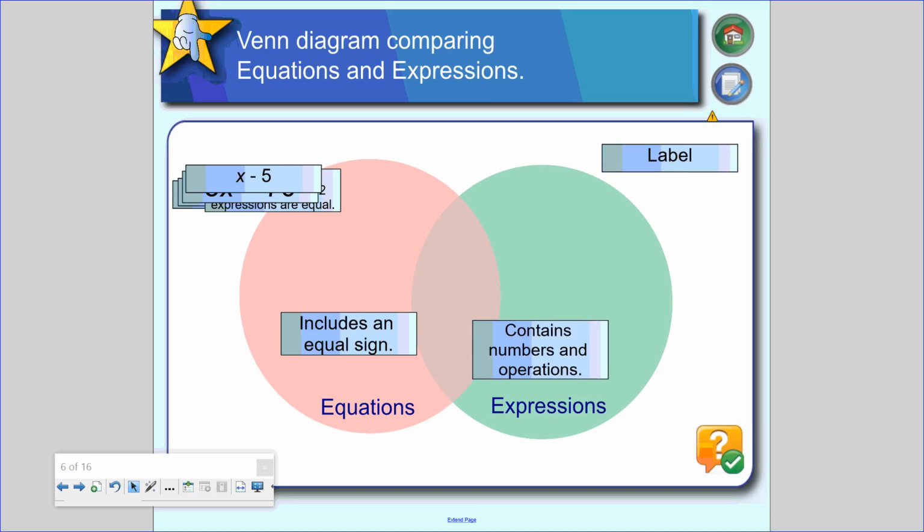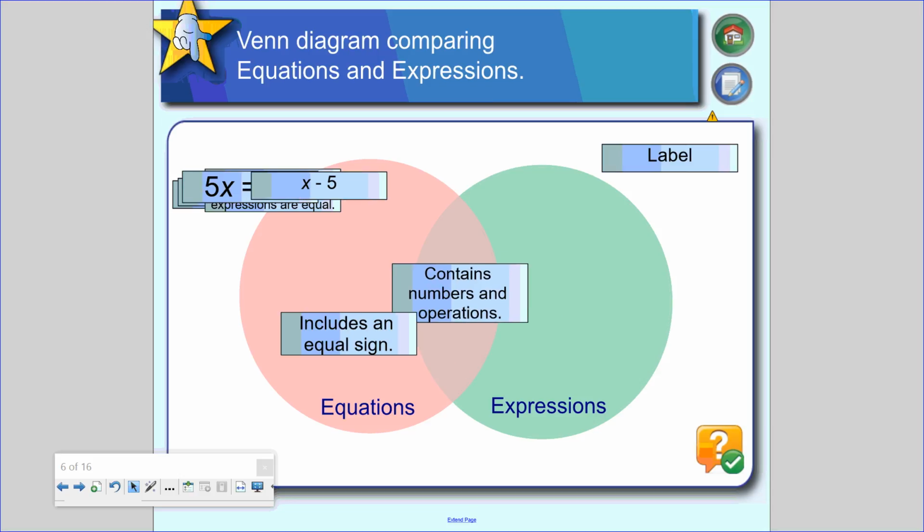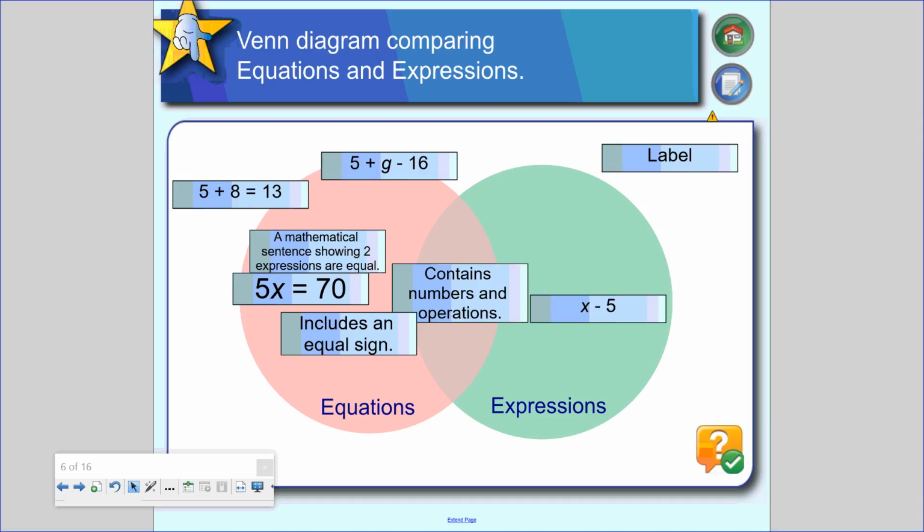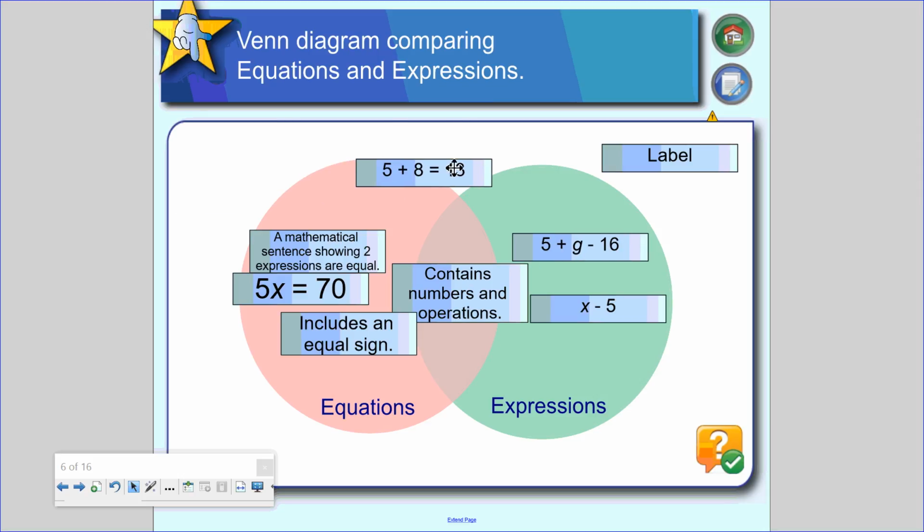So x minus 5 is an expression. 5x equals, a mathematical sentence showing 2 expressions are equal. Well, equal means equation. 5 plus g minus 16 doesn't tell me how to solve it, so expression. 5 plus 8 equals 30. As you can tell, these all are equal to something.